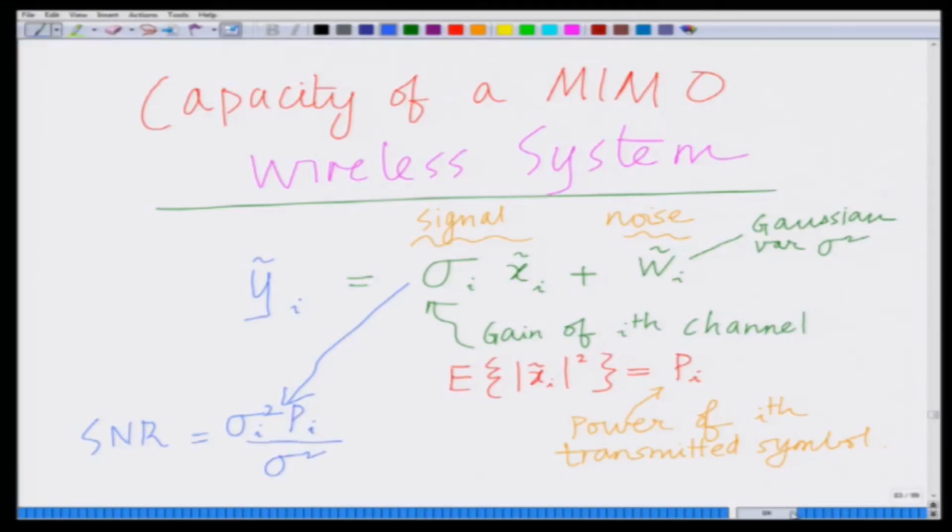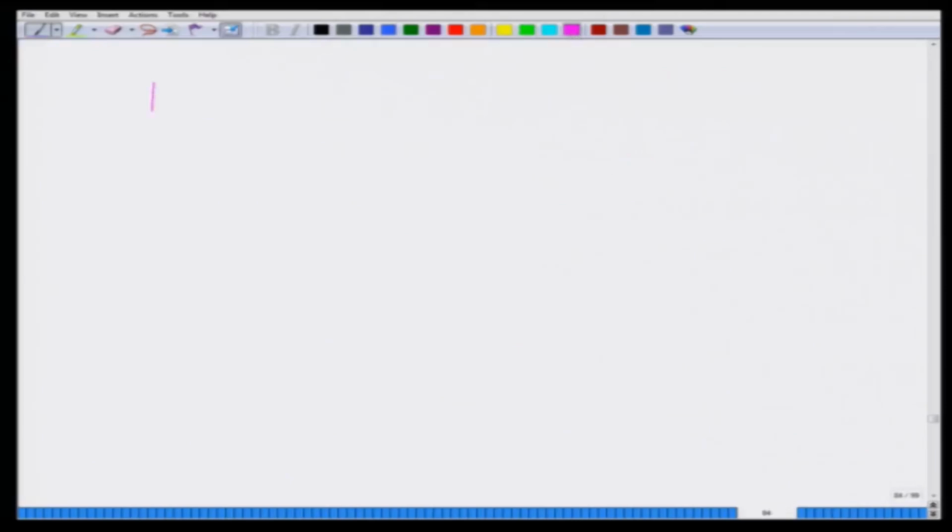So for the ith channel, SNR i equals sigma i square Pi divided by sigma square, alright.